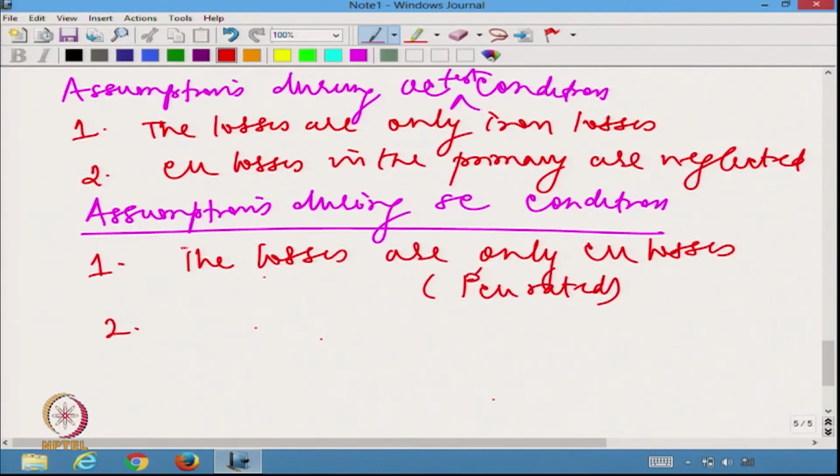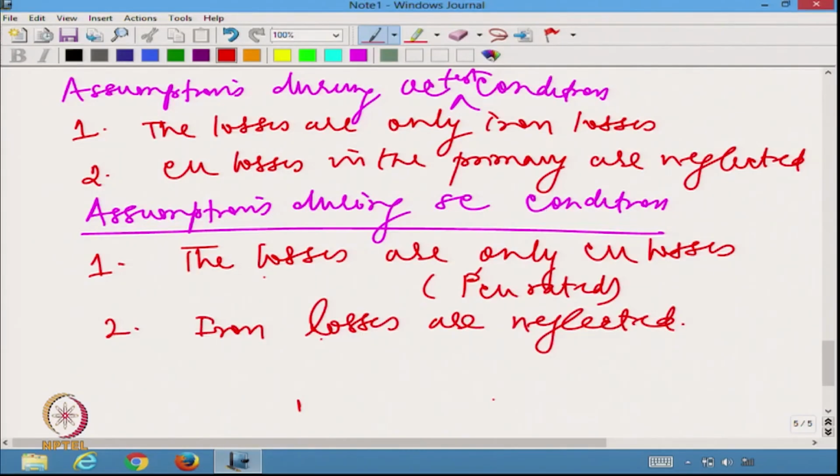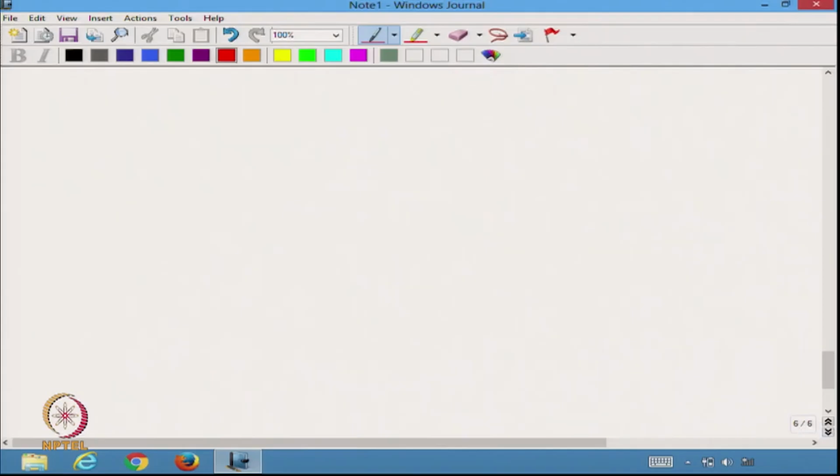So, the second thing is the iron losses are neglected, right. So, these are the assumptions that we make during open circuit test and short circuit test.